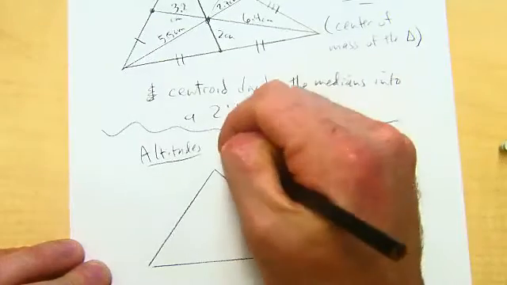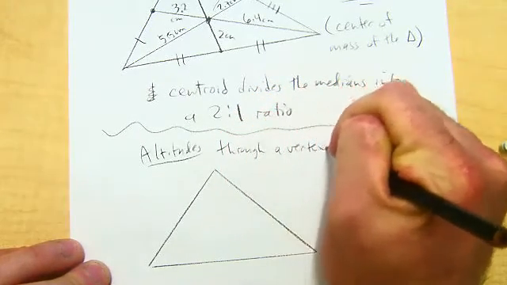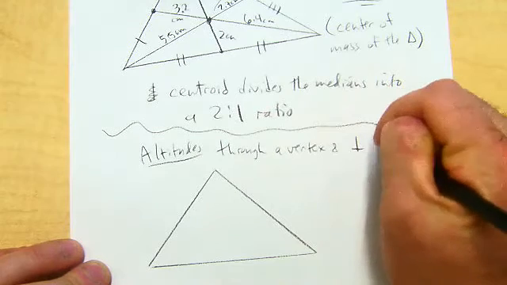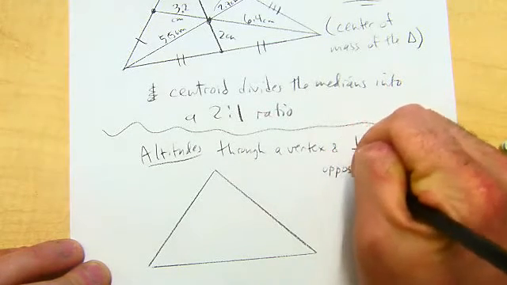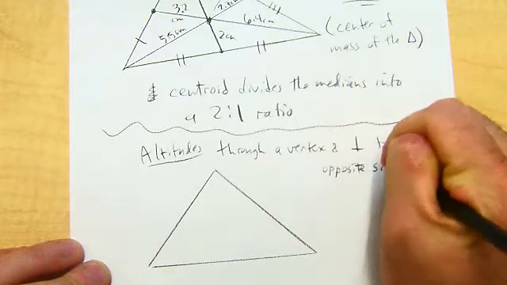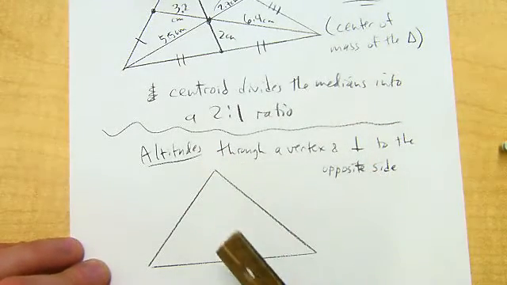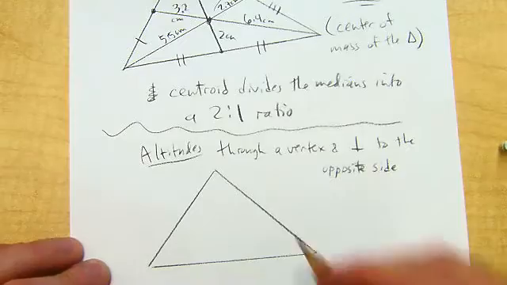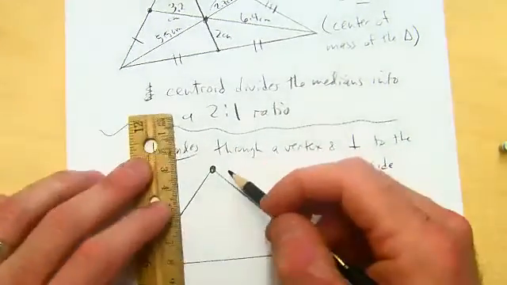Okay, altitudes go through a vertex. Vertex is a corner, right? And perpendicular to the opposite side. Okay, perpendicular to the opposite side. Through a corner, perpendicular to the opposite side. Okay, so through here, I need to make a 90 with the opposite side.